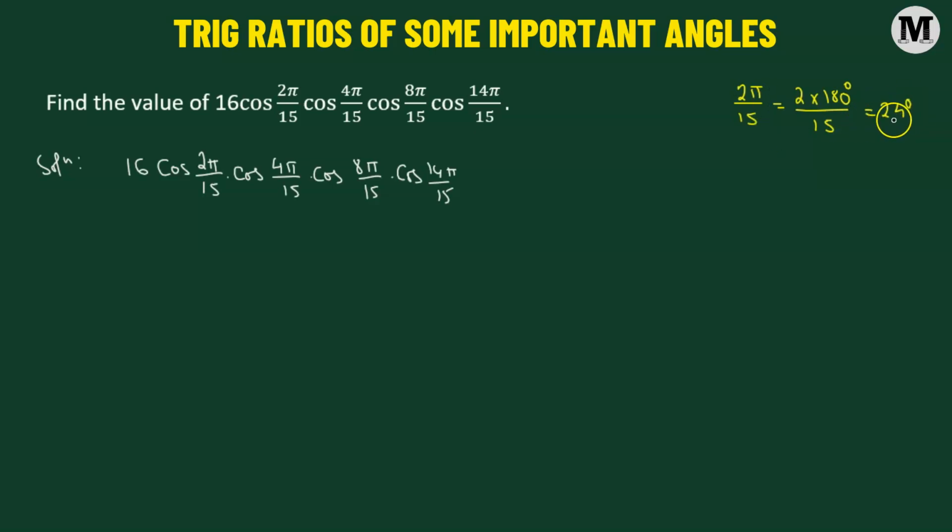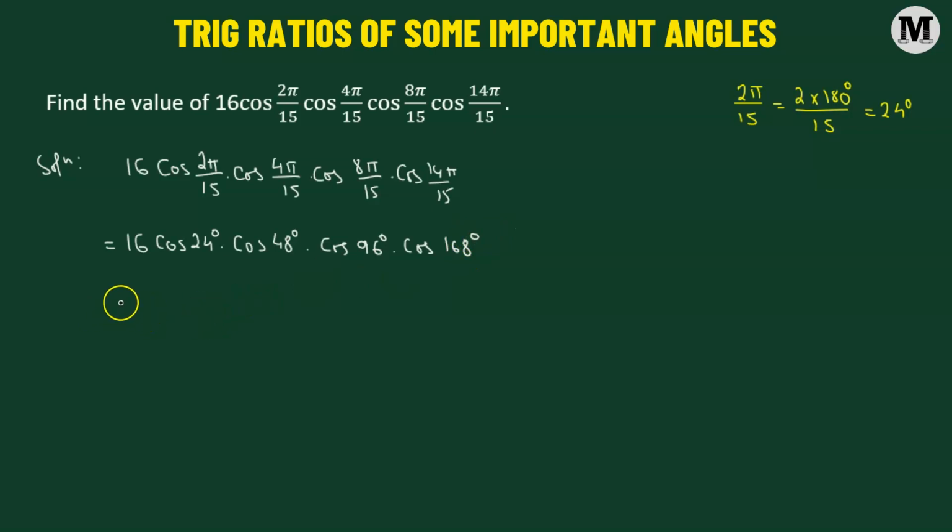That means 2 pi over 15 radians is equivalent to 24 degrees, which means our expression is now 16 times cosine of 24 degrees multiplied by cosine of double, that is 48 degrees. Then double of 48 degrees is 96 degrees, and double of 96 will be 168 degrees.